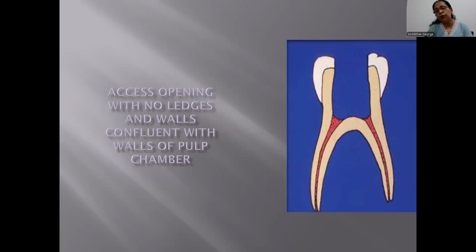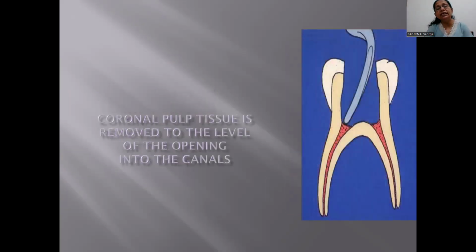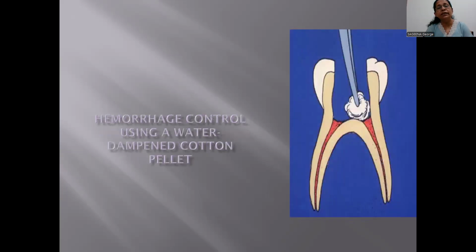The entire coronal pulp tissue is amputated using a sterile spoon excavator or a round bur, and then there will be bleeding. This hemorrhage is controlled by using a cotton pellet moistened with saline, which is placed over the pulp stump.